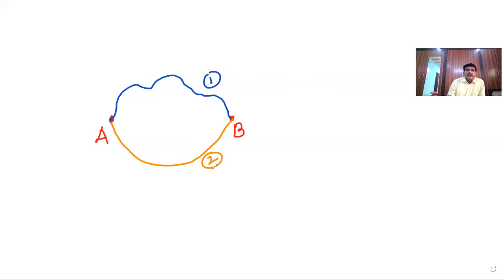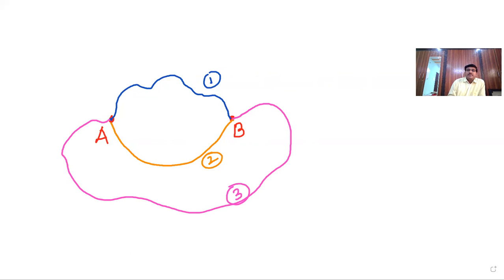Previous session example only I am taking. There is a second one. Initial position to final position, we have traveled by this path. Third case, from A to B by means of this path. So case 1, A to B, this is the distance traveled. Case 2, A to B, this is the distance traveled. Case 3, this is the distance traveled, initial point A to final point B.